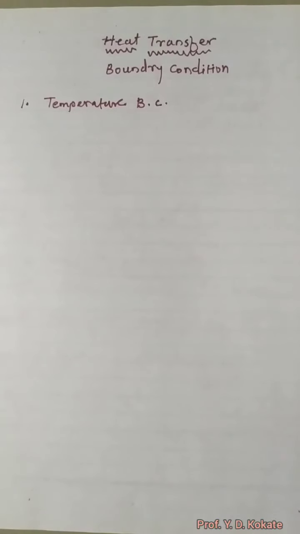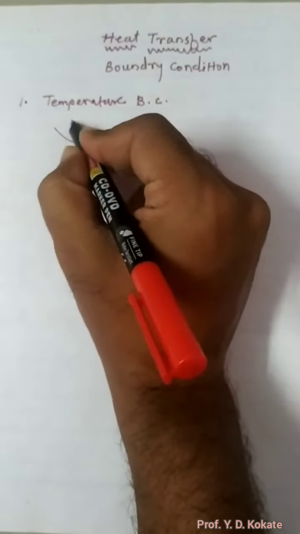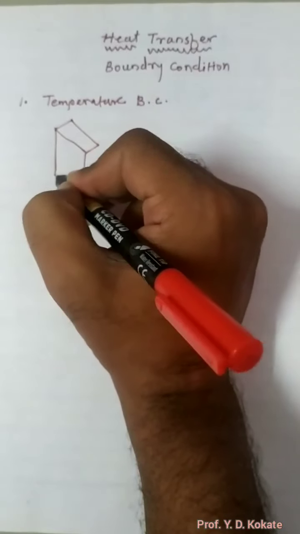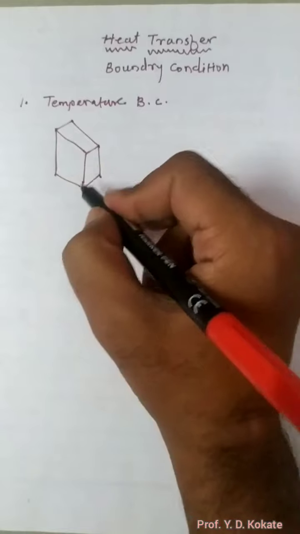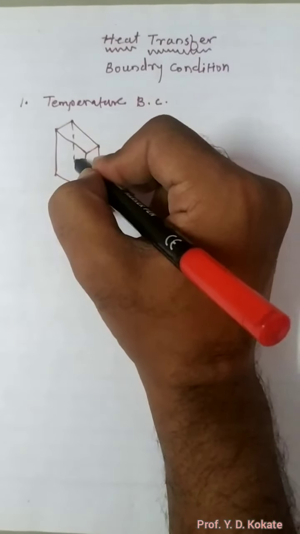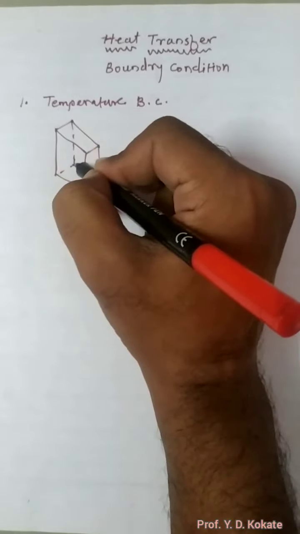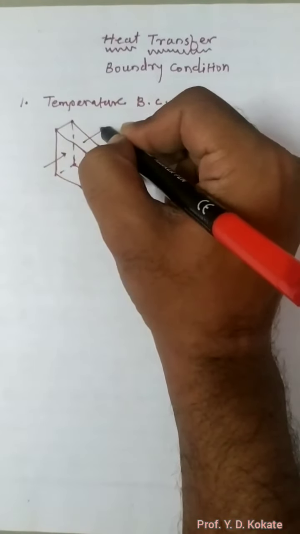Very simple. So if I am taking this system, this is a three-dimensional system like this, and heat is transferred from the front side to the back side. So from here heat is transferred to here.